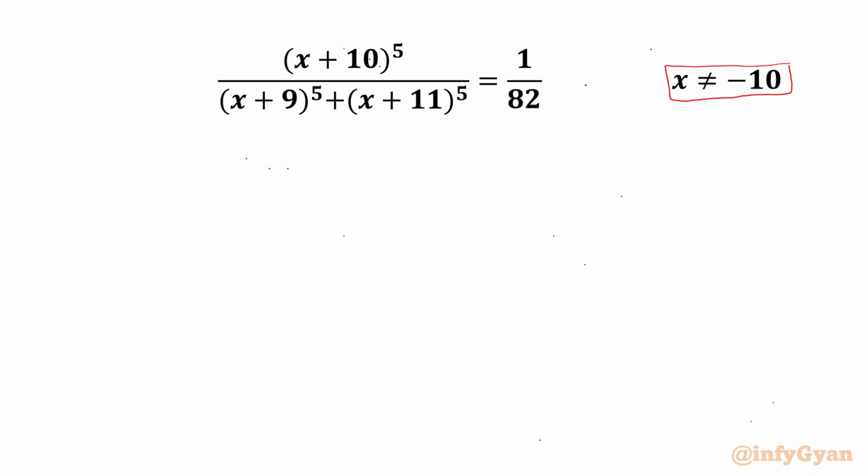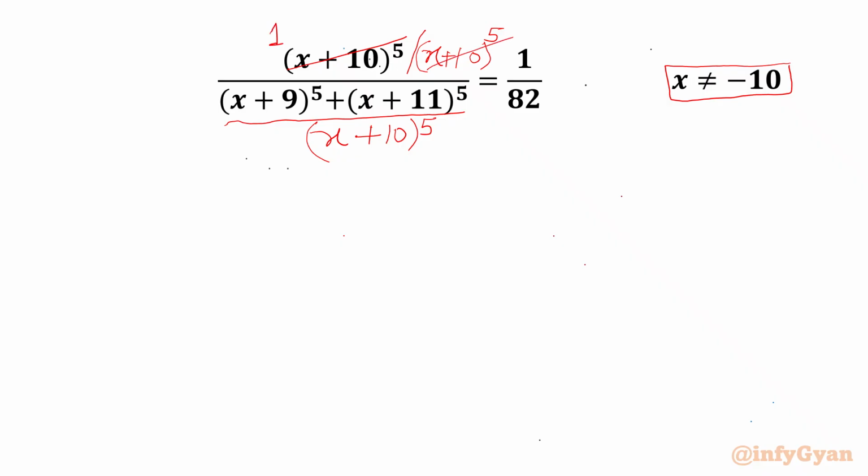So we can divide our numerator and denominator of LHS by (x+10)^5. Let's divide. Now the numerator will be 1.